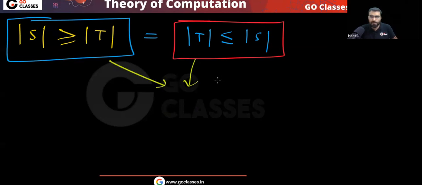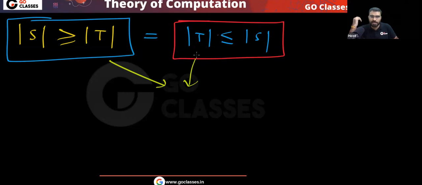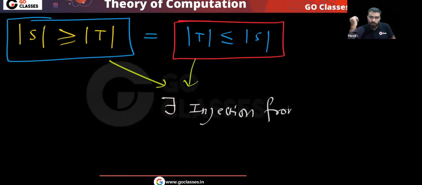Now when will this happen? When there exists an injection. From where to where?